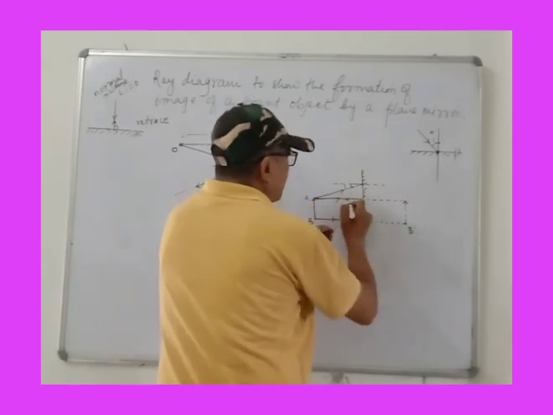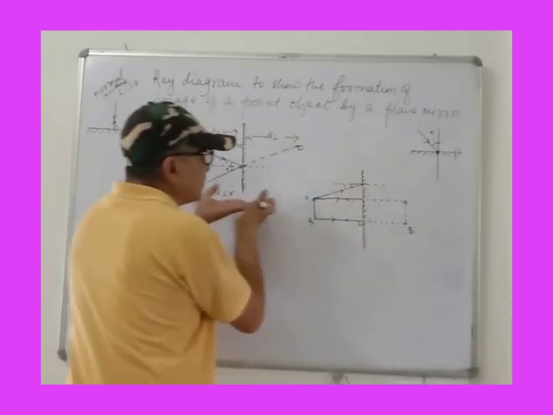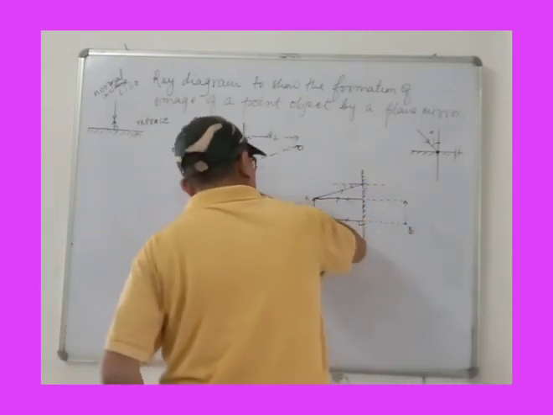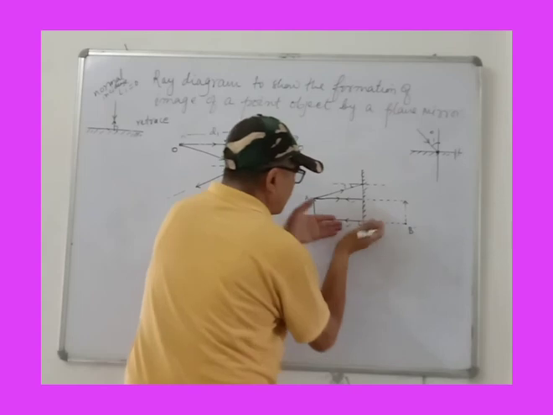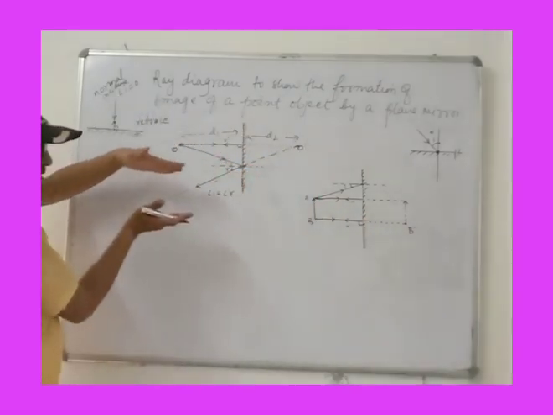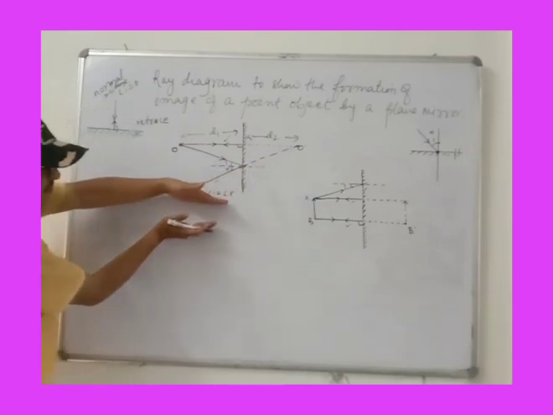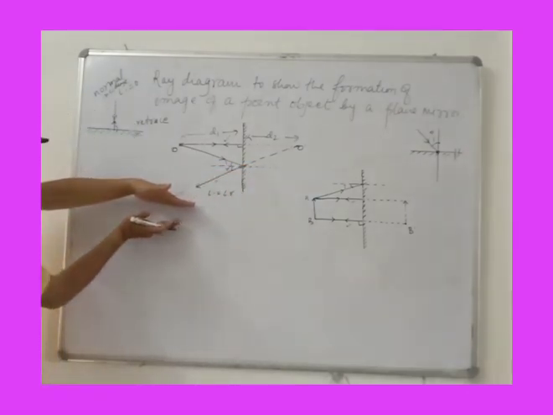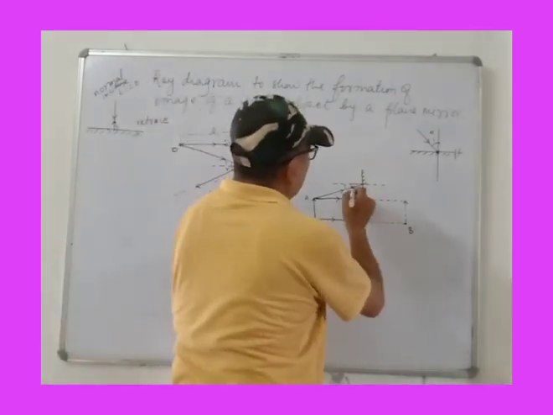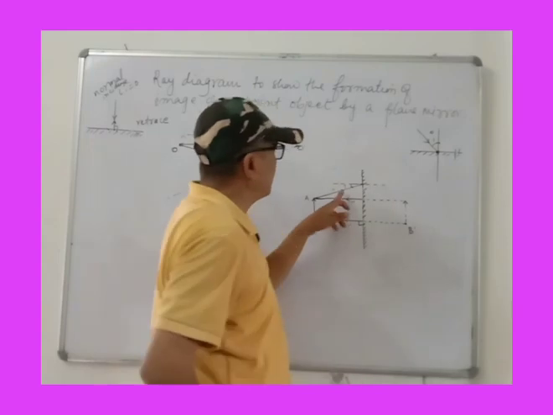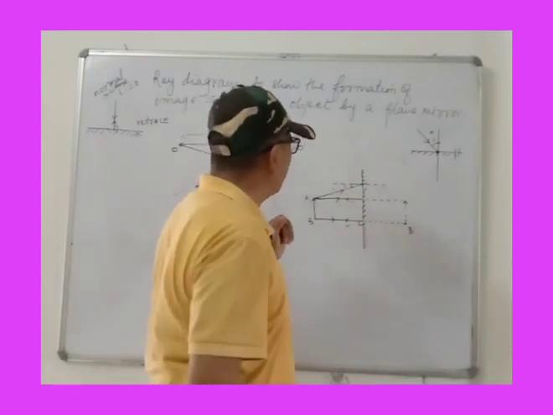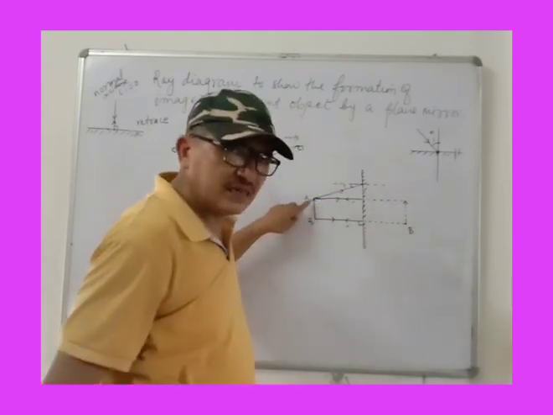Now this ray is returning like this, in this direction, and this one is also like this. They are parallel. Can they meet? No, no chance. Now how will this ray of light reflect? It has come from the head.